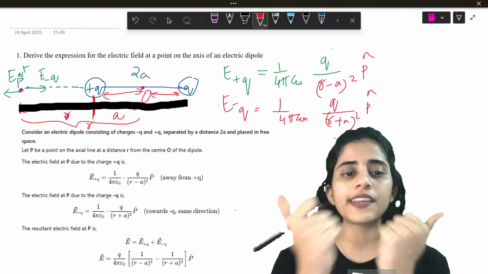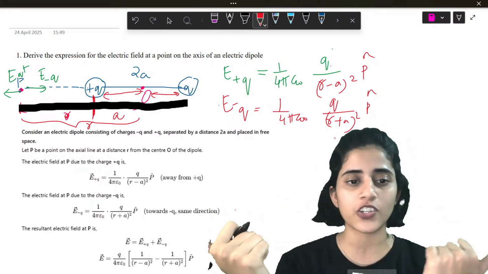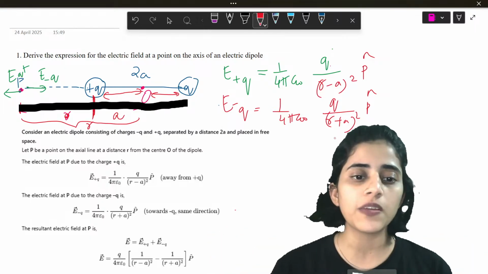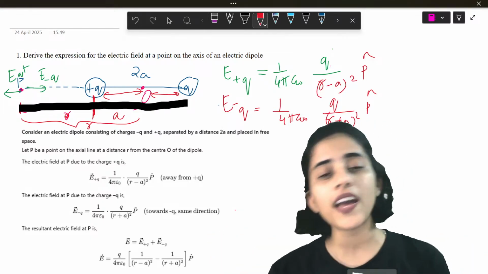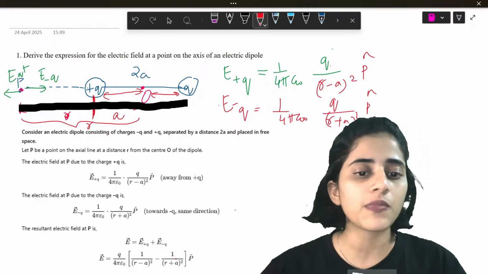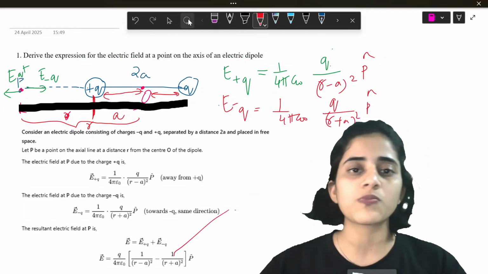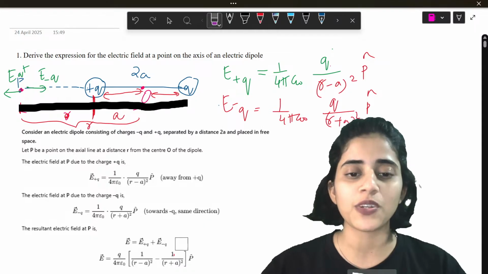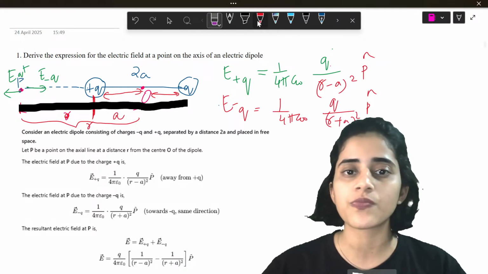Because the electric fields are in two opposite directions, the resultant will be E plus Q plus E minus Q, so you subtract them, because they are in opposite directions.